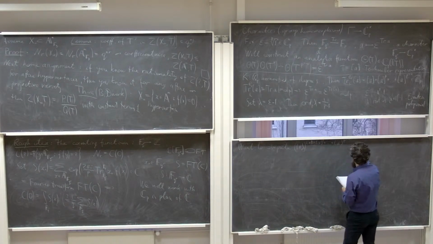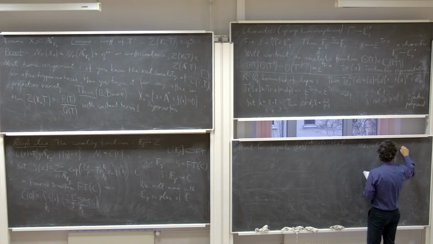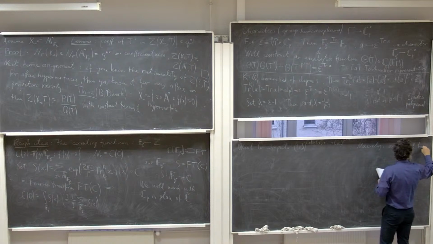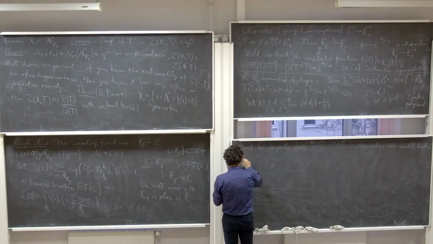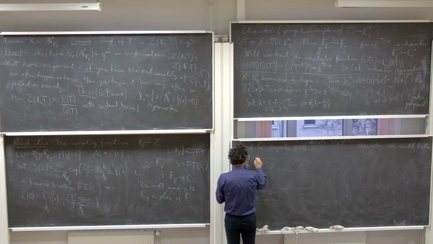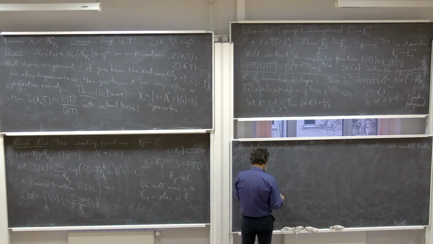And naively, we could take g of t is 1 plus lambda to the power t.